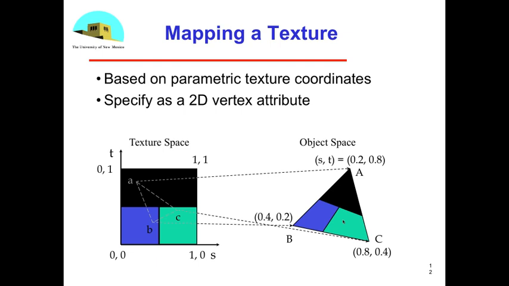So this is what makes the whole thing work: once you've assigned texture coordinates to the vertices, you can pass those values on like any other attribute to the rasterizer, and the rasterizer is going to do the interpolation to find what the texture coordinates are for each fragment that it's generating as it rasterizes this triangle.